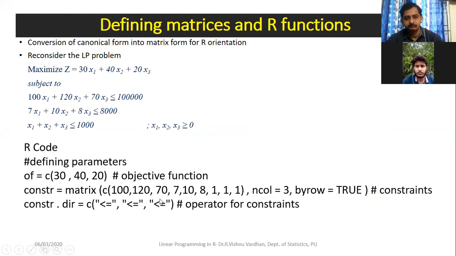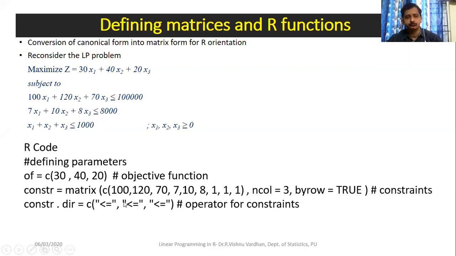So in one stretch, you will be covering all the procedures. Here it is the simplex method. Suppose any one of the inequalities is greater than or equal to, it will become the two-phase method, sorry, Big M method. Okay, two-phase or Big M. If there are combinations of less than or equal to and greater than or equal to, then we can use the two-phase or Big M method.